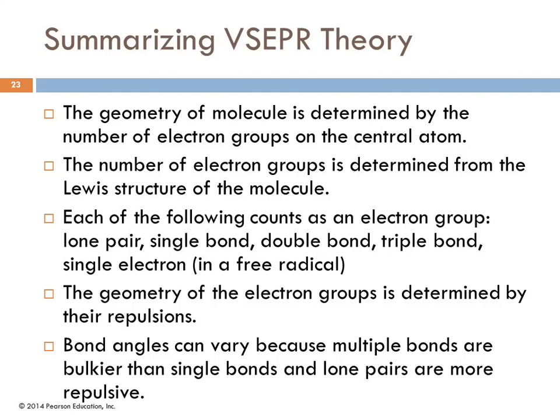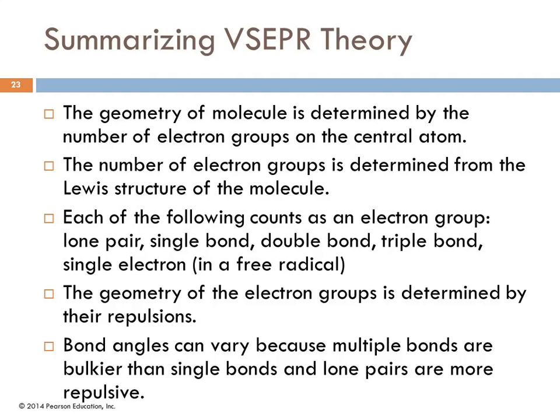So, summarizing VSEPR theory. The geometry of the molecule is determined by the number of electron groups on the central atom. The number of electron groups is determined from the Lewis structure. We have to look at the Lewis structure. What we call electron groups are lone pairs, single bonds, double bonds, triple bonds, or single electrons. You would see single electrons in a free radical.